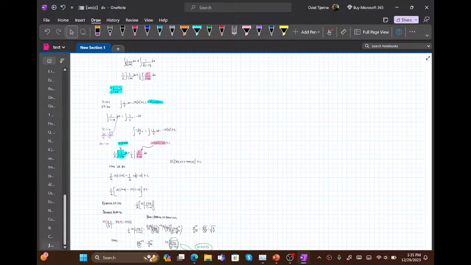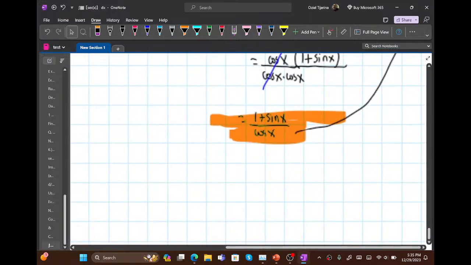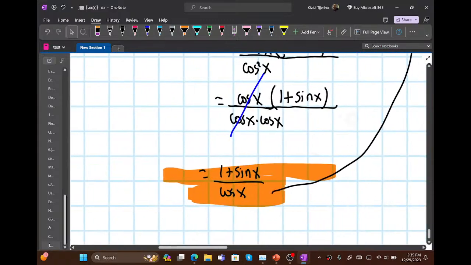Like when it's 1/2 ln of absolute value secant theta plus tan theta? No, right? This is just crazy. Oh, okay, yeah, no. It's just gonna be natural log of secant x plus tan x. So it's gonna be this.